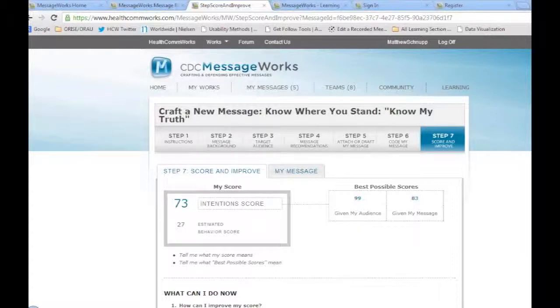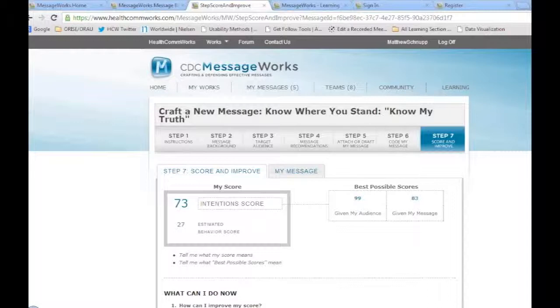I would say MessageWorks can help you increase your awareness, but we have no formal way of testing that. So it was a big leap of faith on my part. I'm assuming that awareness is a precursor or a prerequisite for higher intention scores and behavior change scores, but we don't have an awareness score.